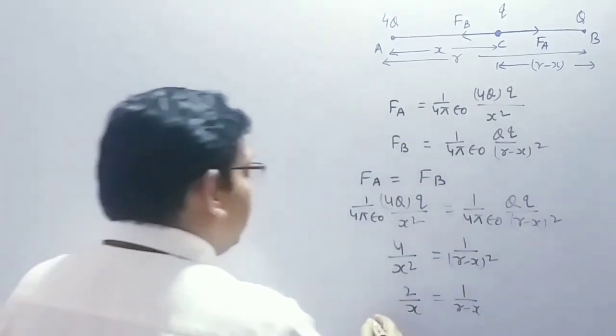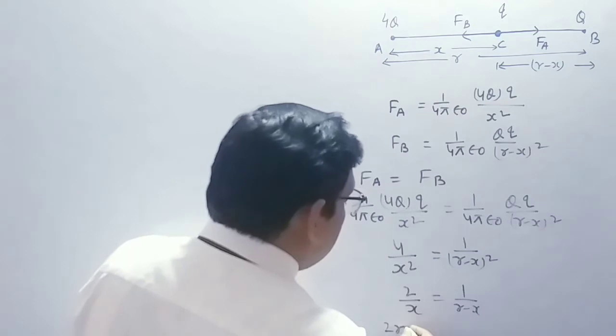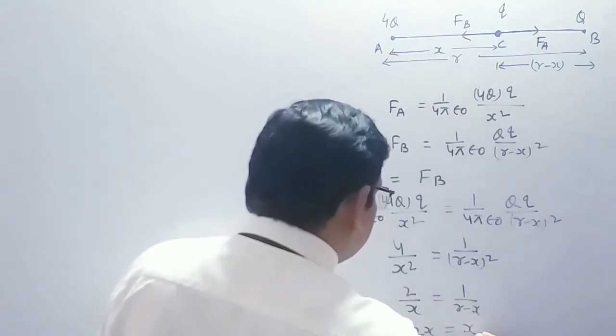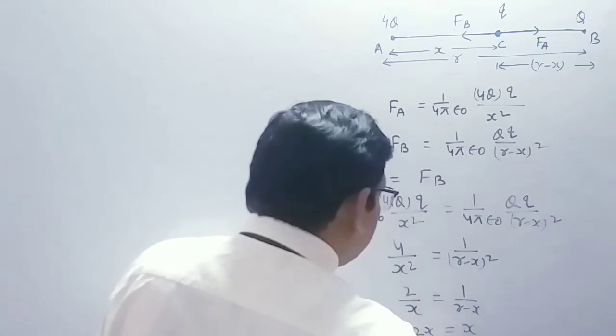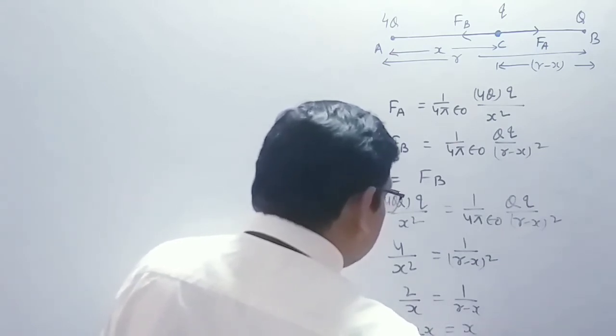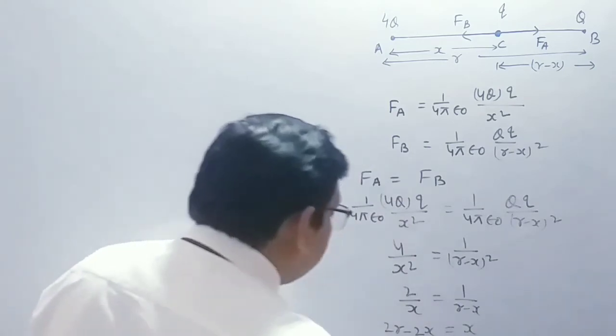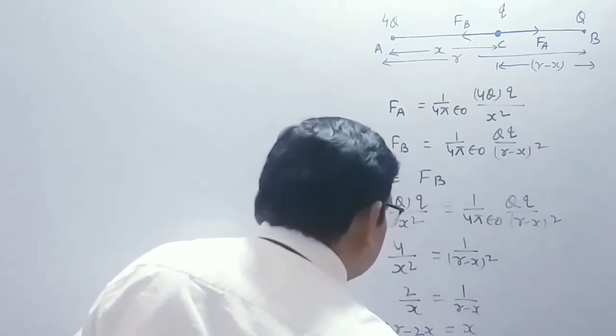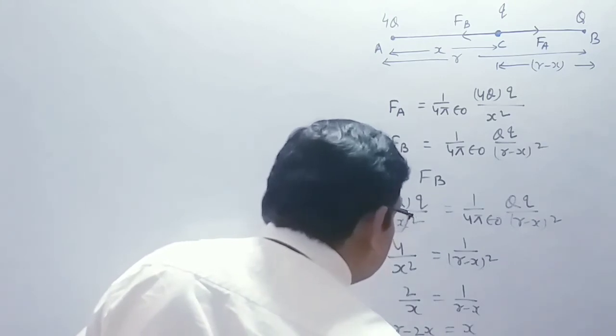Now the simple expression: 2r minus 2x is equal to x, overall 2r is equal to 3x. So what is the value of x? The value of x is 2 by 3 r.